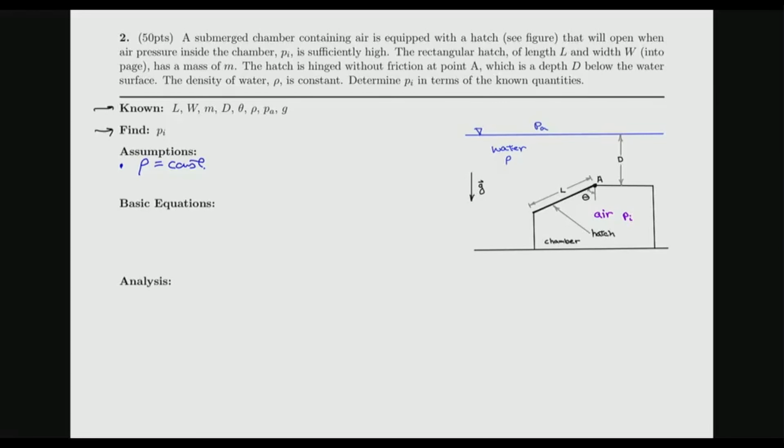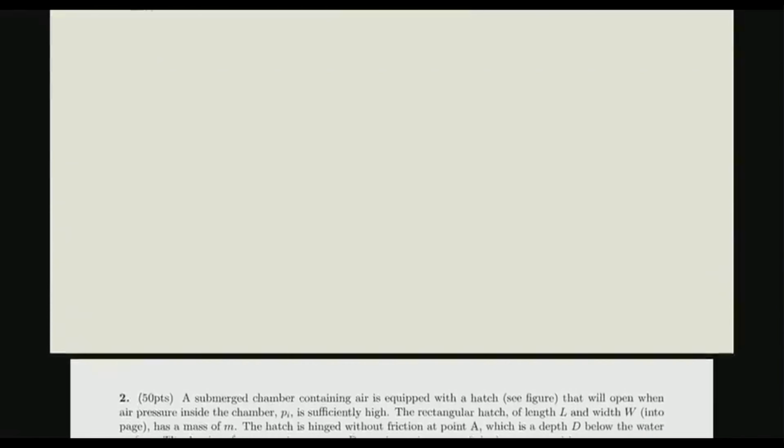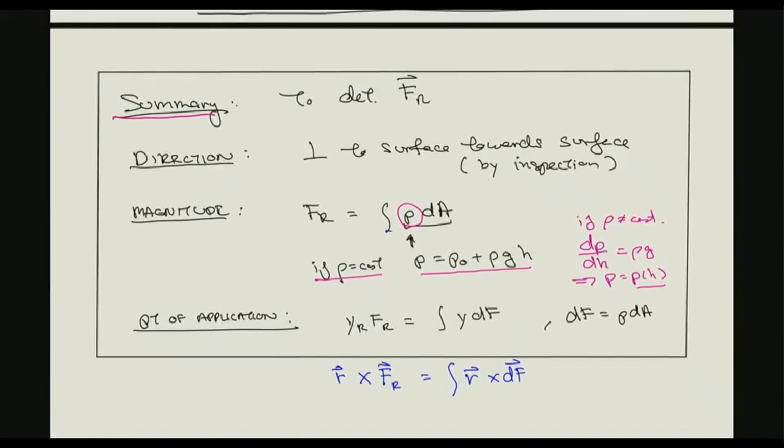Okay, basic equations. For our basic equations, we have, for example, the resultant force, which is the integral of PdA over this area. Since we assume density is constant, we can also use this hydrostatic pressure equation. And then either this one or this one, for summing moments.